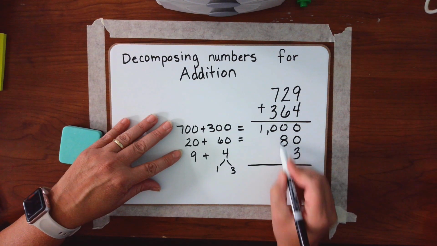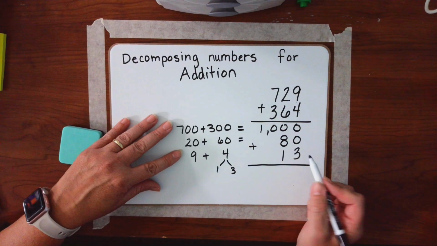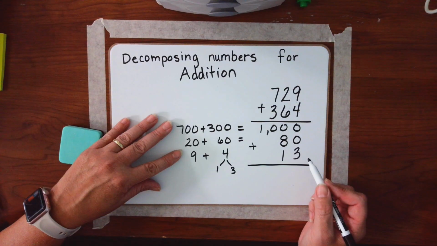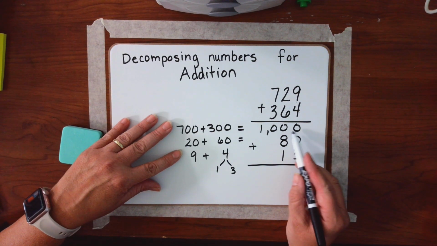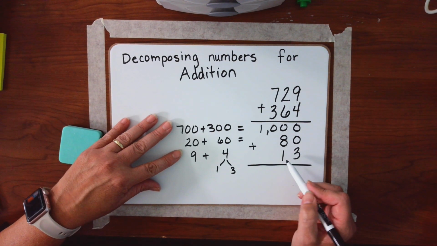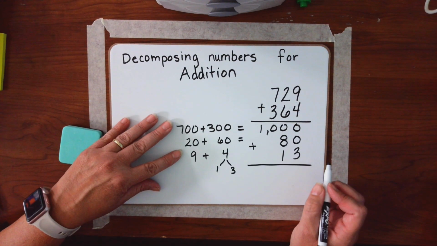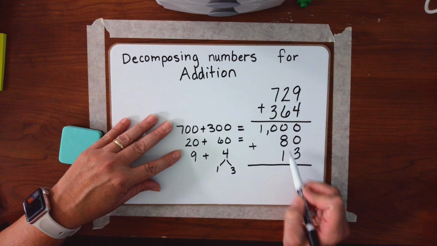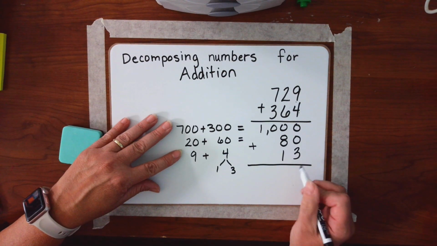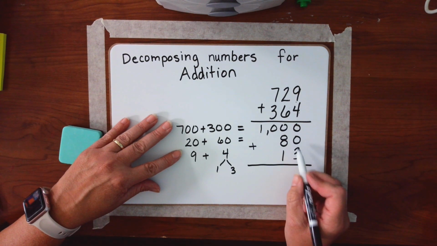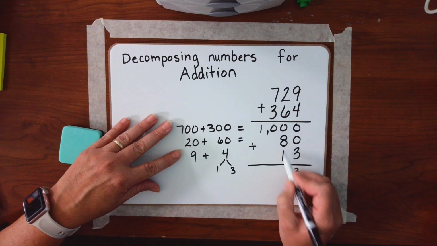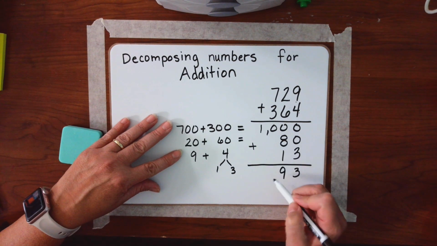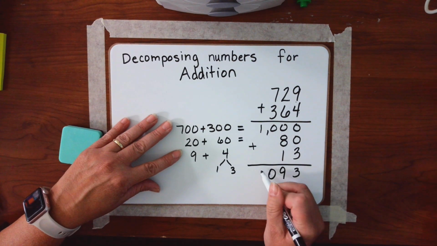And now I'm going to add all my partial sums. Remember, vocabulary is big. These are called partial sums because sums is the answer to an addition problem. And this is partial because it's just part of the number that we're adding. Then I can go down through here and go, well, I've got 3 here, I've got 9 here, I have nothing here, and I have 1 here.